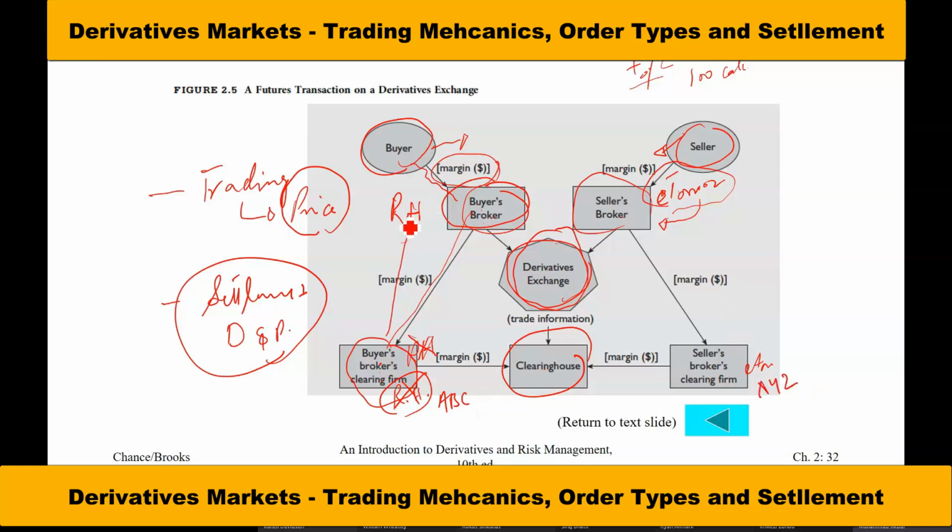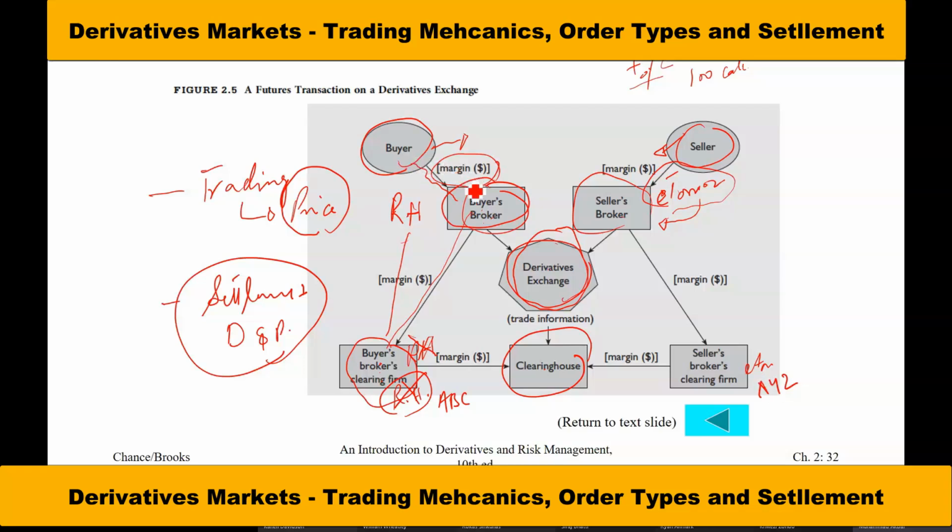So Robinhood has a clearing firm ABC that represents Robinhood in the clearing house. Robinhood has a clearing account with this clearing firm, and eToro has a clearing account with XYZ.